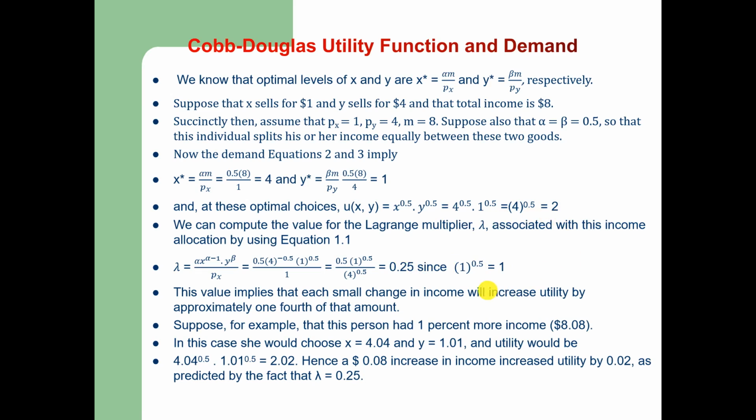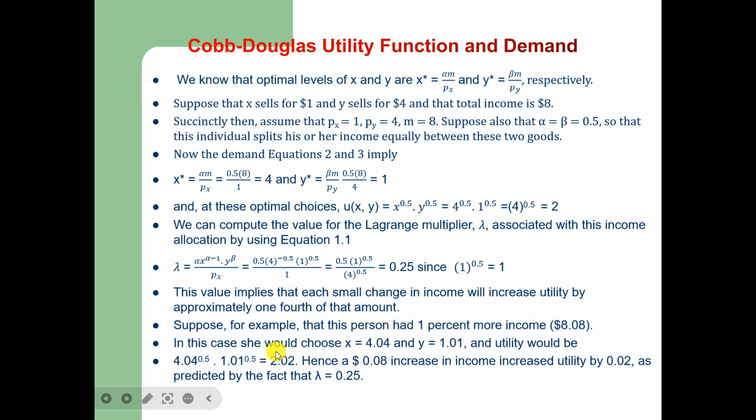Now this value of lambda, 0.25, implies that each small change in income will increase utility by approximately 1/4 of that amount. So suppose, for example, that this person had 1% more income, that is, income is now $8.08 instead of $8.